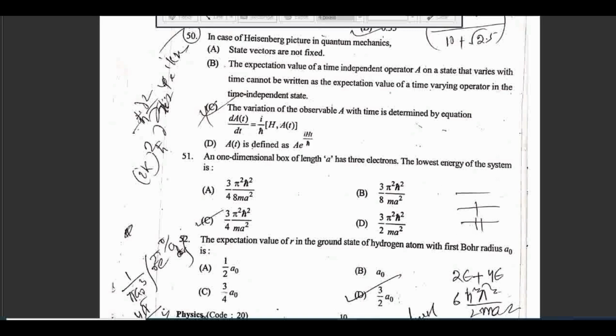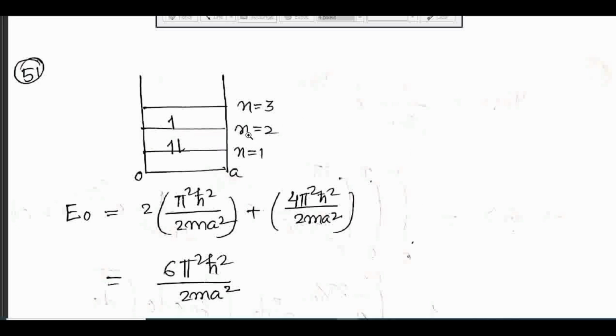You place two electrons in the n equal to 1 state, because one electron can be in the up spin and the other electron can be in the down spin. So the n equal to 1 level can accommodate 2 electrons. Another electron will go to the n equal to 2 level.